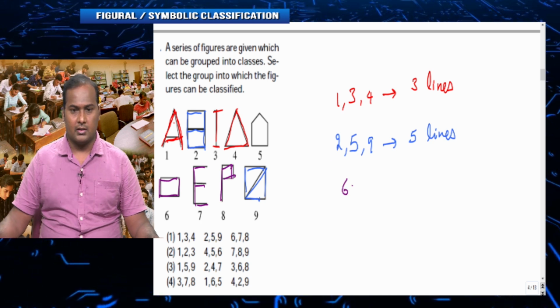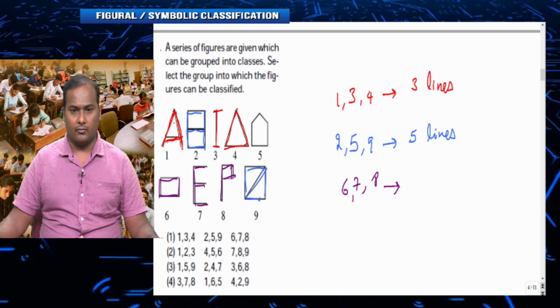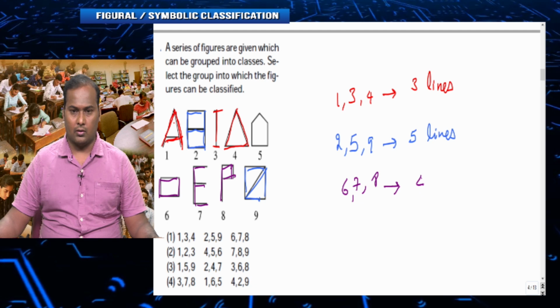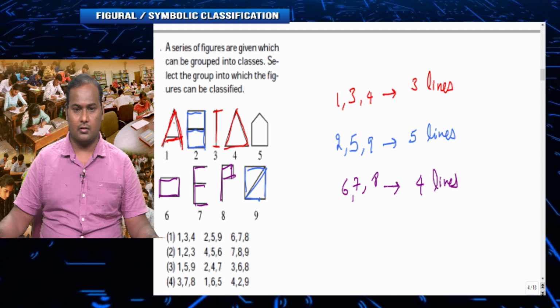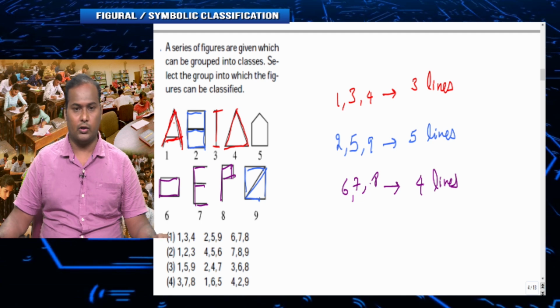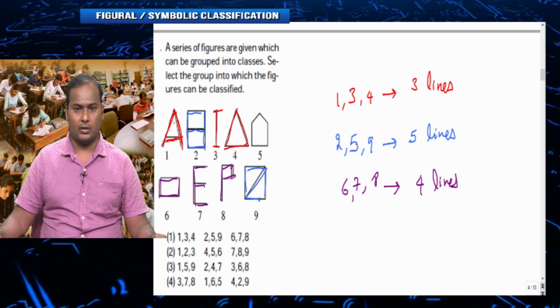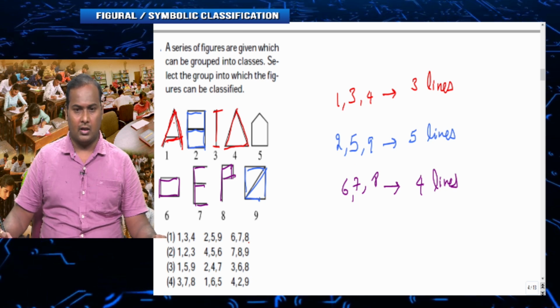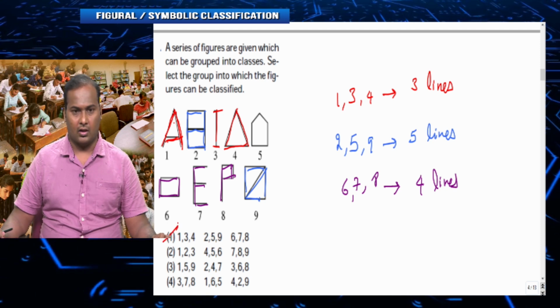So obviously 6, 7 and 8, all these 3, form a group based on the character of 4 lines. Now check the options where it is 1, 3, 4, 2, 5, 9 and 6, 7, 8. So your answer is option 1.